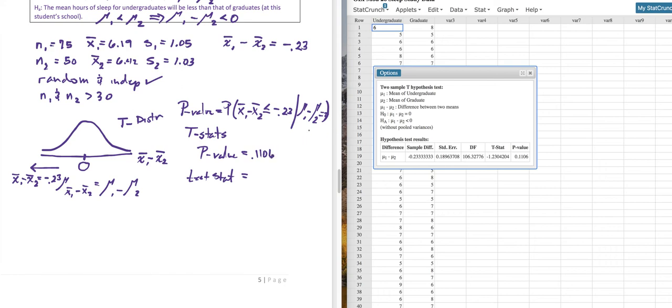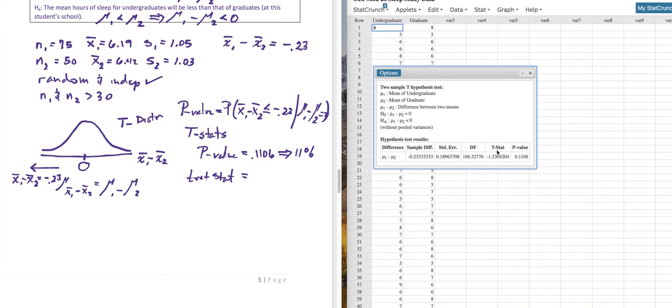So remember, this is under the condition that these two groups have the same amount of average sleep. Our sample results would happen about 11% of the time, which is fairly often. So this is telling us that our sample results are not unusual at all.